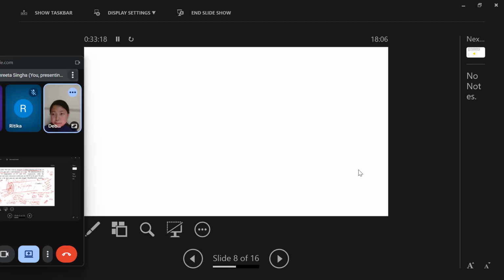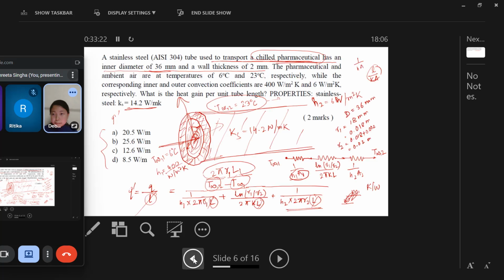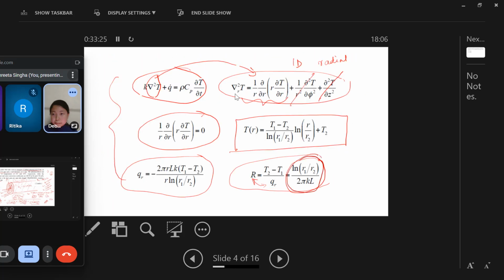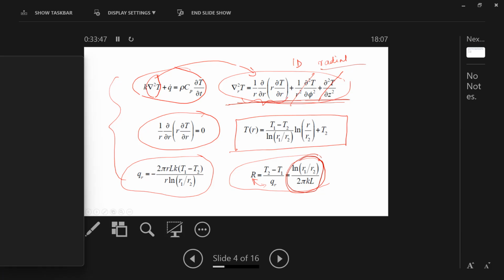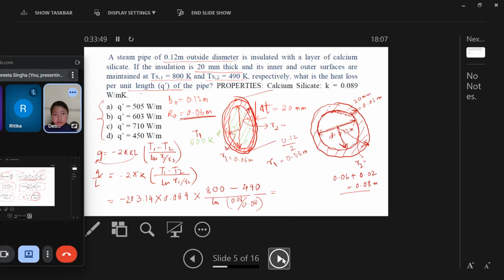Just like in the previous cylindrical case, this del squared T is for cylindrical coordinates. The same thing you can find out for spherical coordinates, and then you can start finding out the temperature profile. But now we can just simplify it and move on.